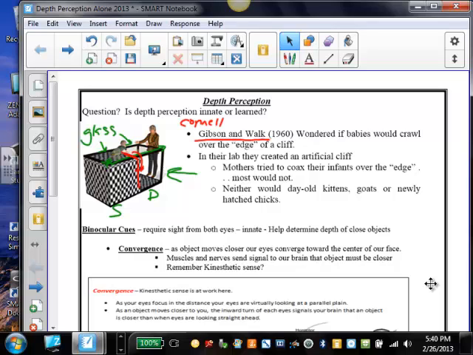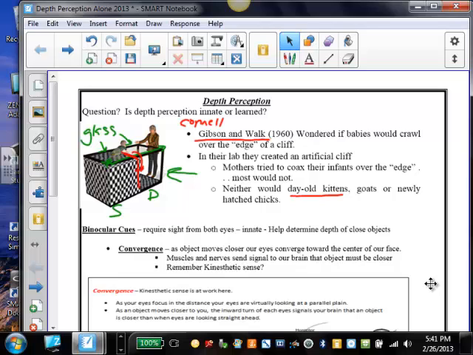They did not go over the edge, which showed Gibson and Walk that at least by the time they're mobile, they have this perception of depth. They also used day-old kittens and goats and newly hatched chicks, and they did not go over the edge either, which Gibson and Walk concluded means that at least by the time we're mobile, we have this built-in system to detect depth and protect us.